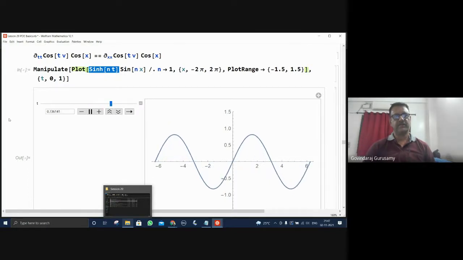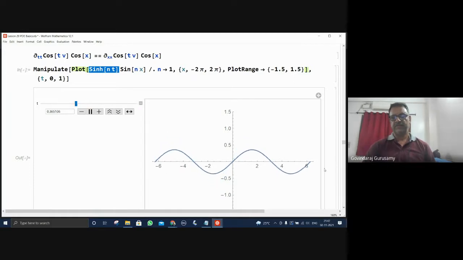Okay, and you can substitute and confirm it. That will also satisfy. This is sinh nt into sin nx. So given n equal to 1. You can have different values of n also. It will only increase the number of modes that you have here.